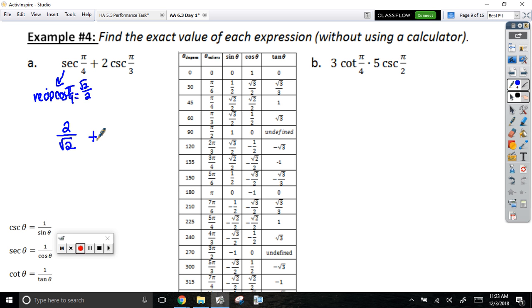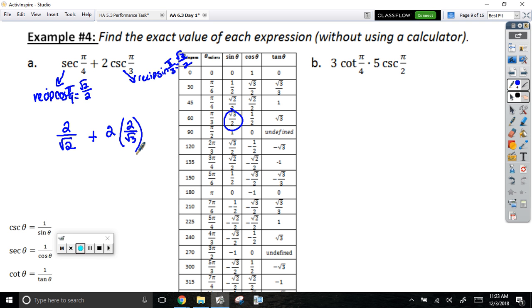Plus the cosecant, remember, is the reciprocal of the sine function. Sine of pi thirds is square root of 3 over 2. So we're going to take the reciprocal of that, which will be 2 over the square root of 3.